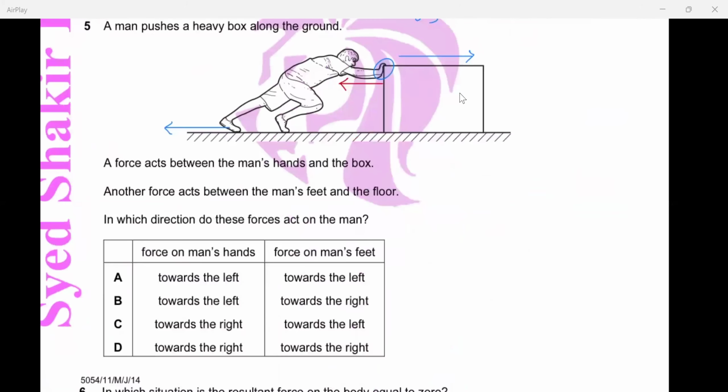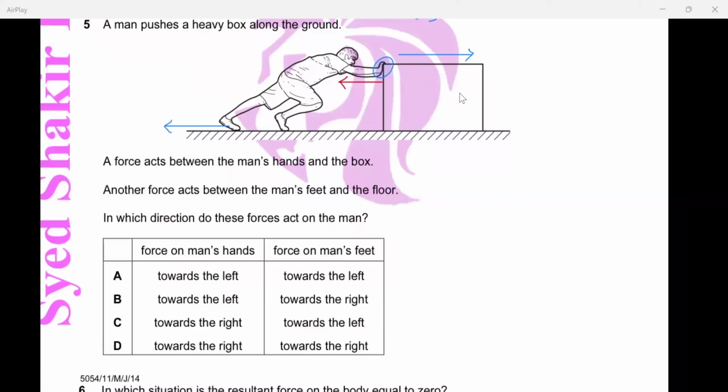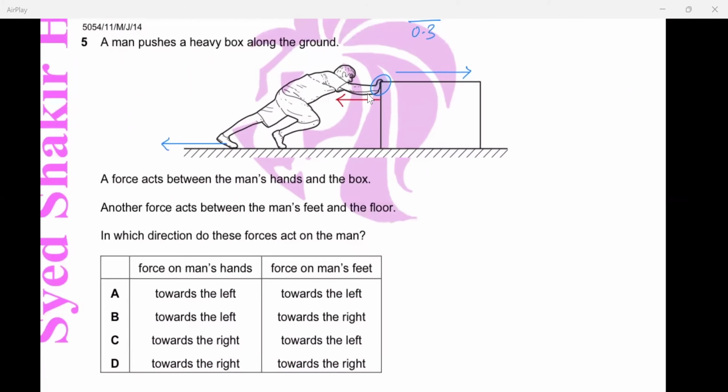So I was on this question. A man pushes a heavy box along the ground. A force acts between the man's hands and the box. Another force acts between the man's feet and the floor. In which direction do these forces act on the man? So I told you that this is the force by the man, right? So the ground will push on the man's feet in this direction.